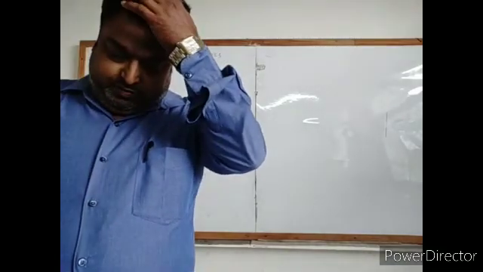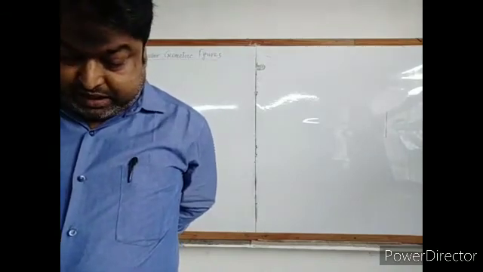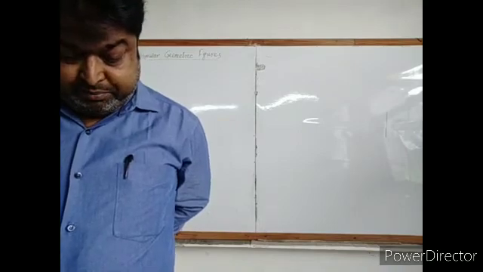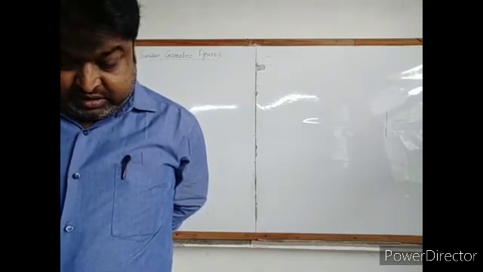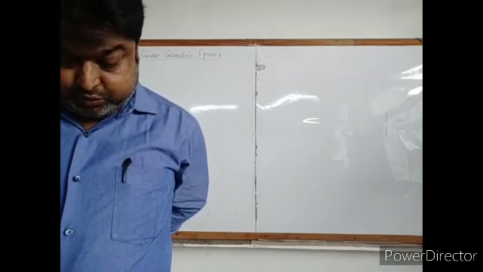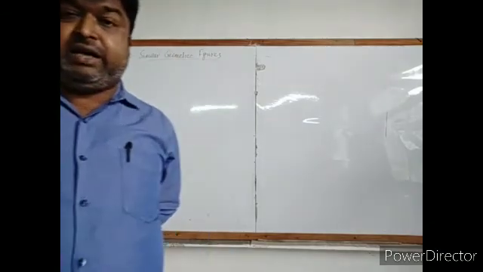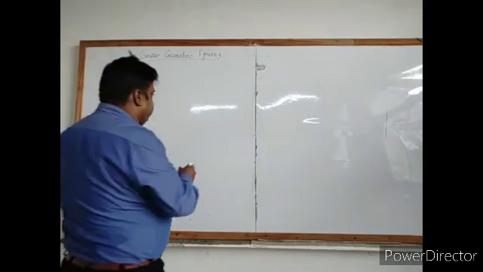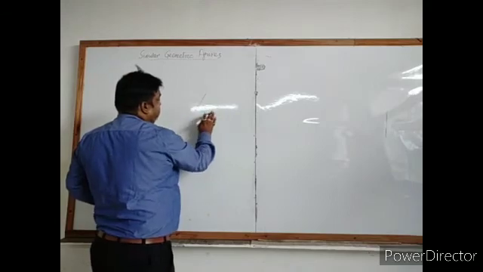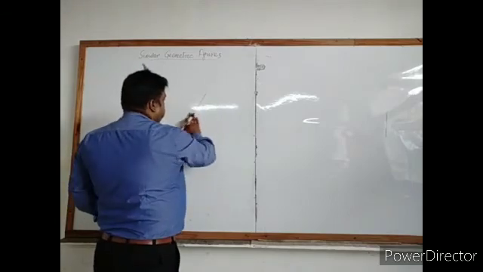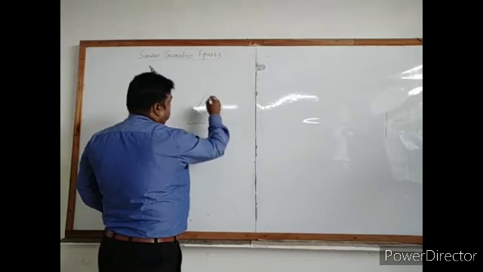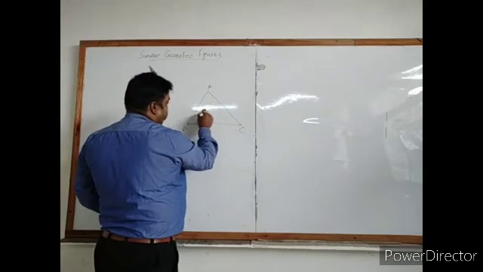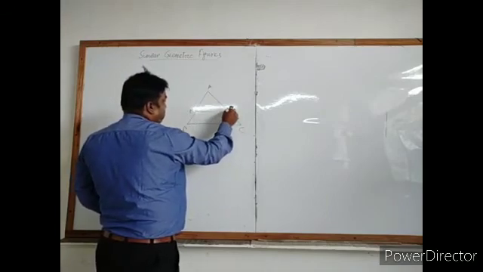In triangle ABC, PQ parallel BC. Number 1: if AB equal to 4, AP equal to 2, AC equal to 6, then find AQ. So here directly we have to use the BPT. Triangle ABC is given, and PQ parallel to BC is given.